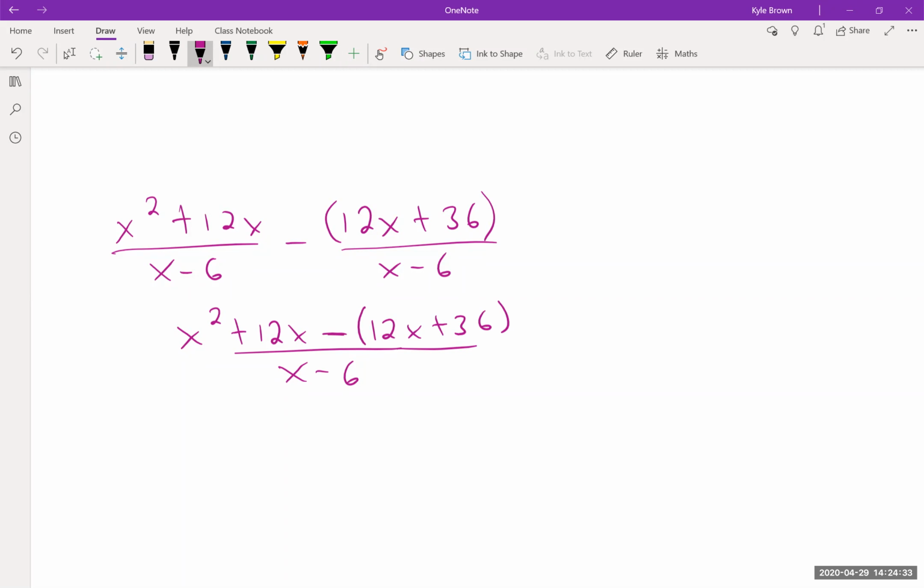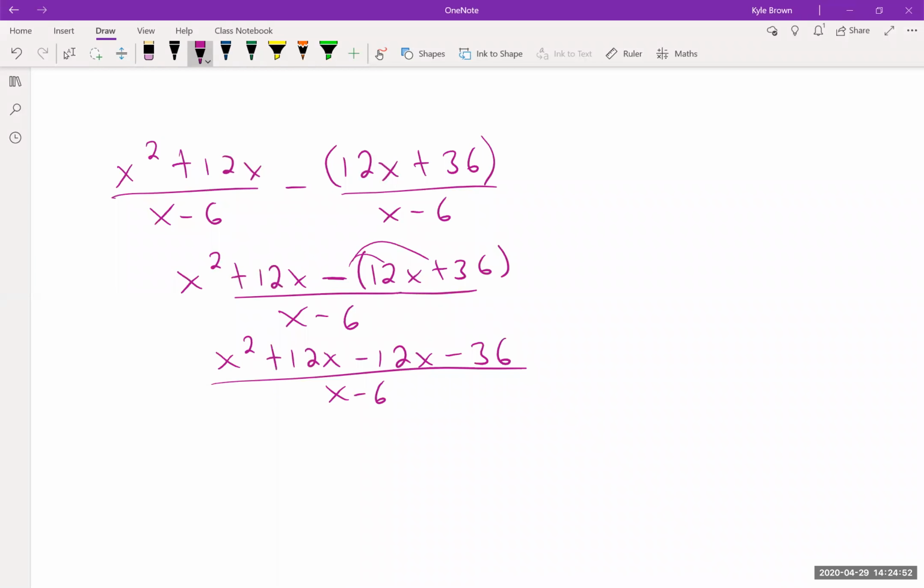You can also think about it as distributing a -1 into both. But either way, it's going to change the signs. So we've got x squared plus 12x minus 12x, and then minus 36, and that's all over x minus 6. Well, 12x minus 12x, those both cancel, right? That'd be 0. So I've got x squared minus 36 over x minus 6.